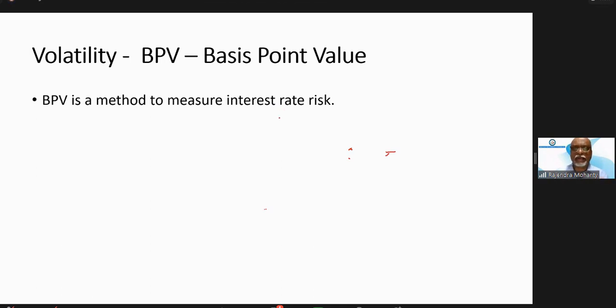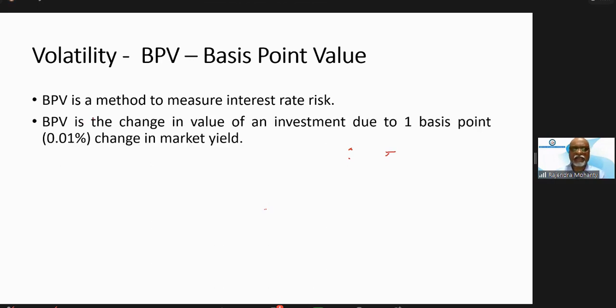That is, for a certain change in interest rate, what is the change in the price of the bond or security? That can be measured through BPV.